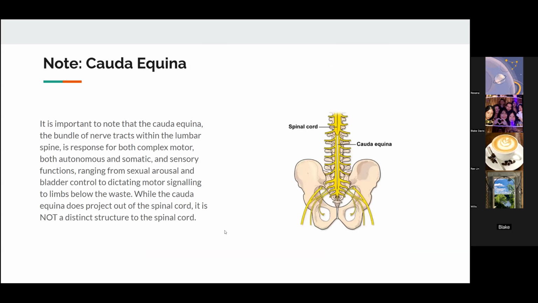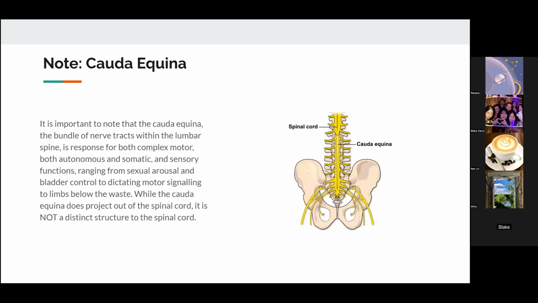Now, before we go any further, it's important to note that although it might seem different from the spinal cord, there's something called the cauda equina. The cauda equina isn't an entirely different structure, but rather it's just a subregion of the spinal cord. Like we see with the lumbar versus thoracic versus cervical, they're all in the same major vertebrae system where we see this backbone.